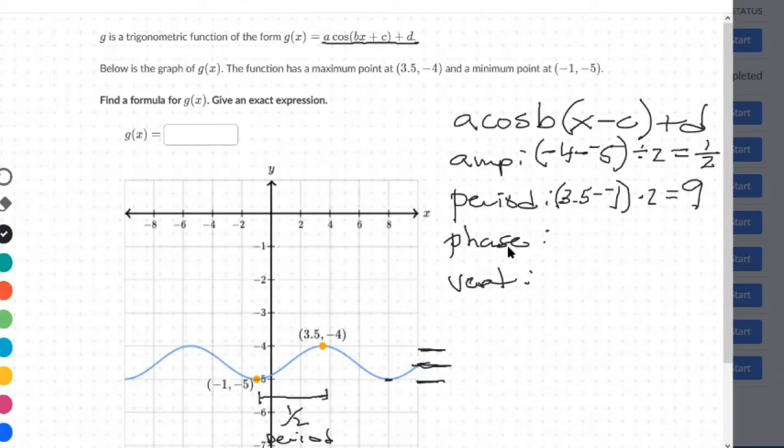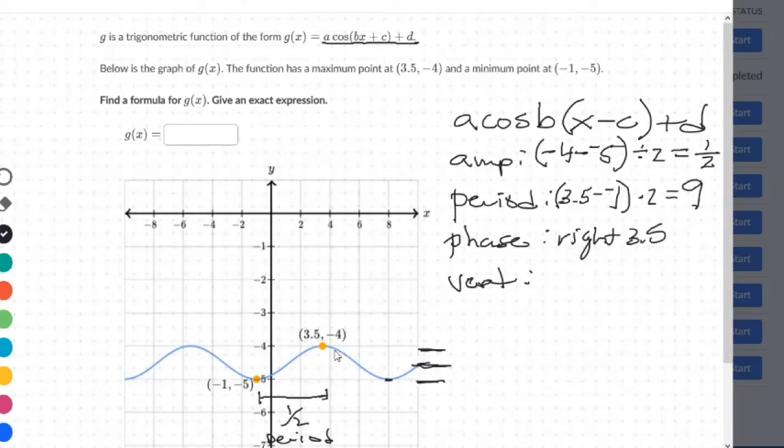And then phase shift, well, it kind of depends what I choose to do with the amplitude. If I don't want it flipped, then this is where I want to start. And that means I would have phase shifted over 3.5. So right 3.5.